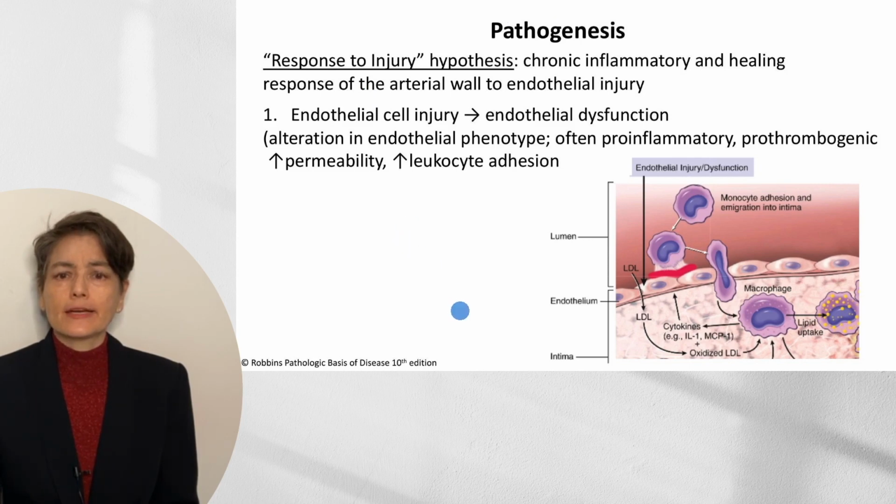Now, this is an image that comes from Robbins Pathologic Basis of Disease. I've clipped it down just to focus on the area of interest regarding endothelial dysfunction. So here we have our endothelium with our underlying intima, and we have some sort of injury that occurs to this. And I'll talk about what some of those injurious stimuli might be.